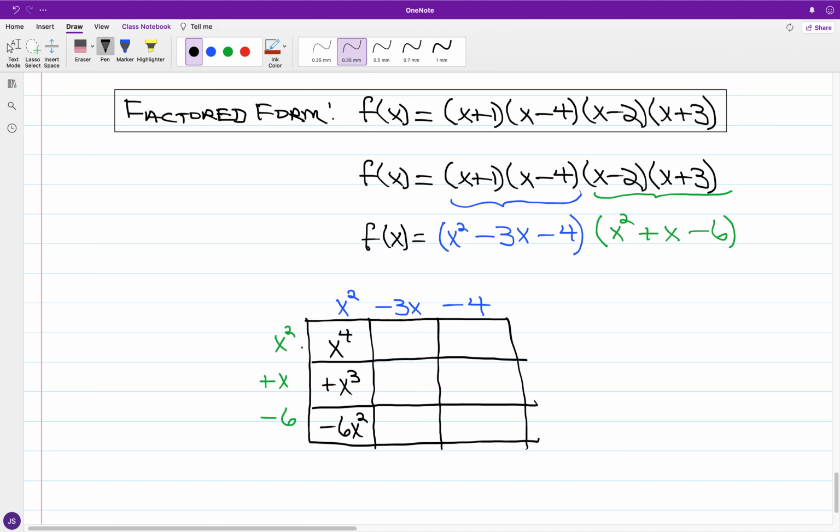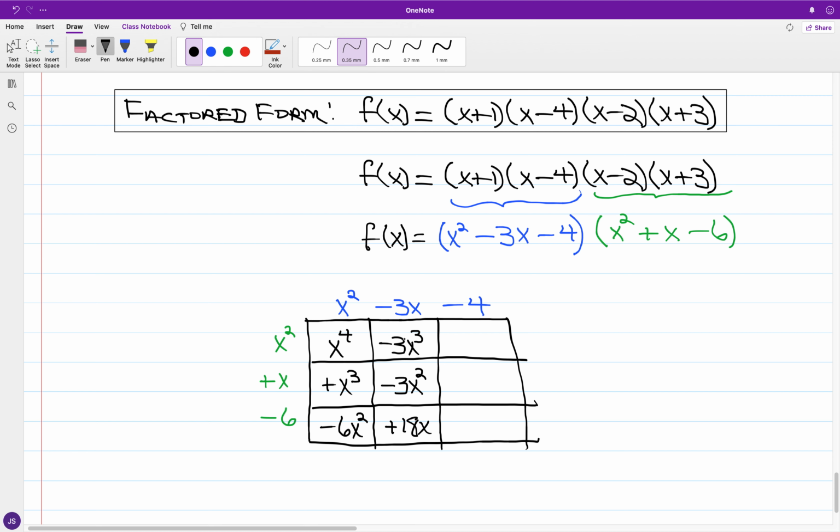Now for the second column, x squared times negative 3x gives minus 3x cubed. Then x times negative 3x gives negative 3x squared. Then negative 3x times negative 6: negative times negative is a positive, so plus 18x.